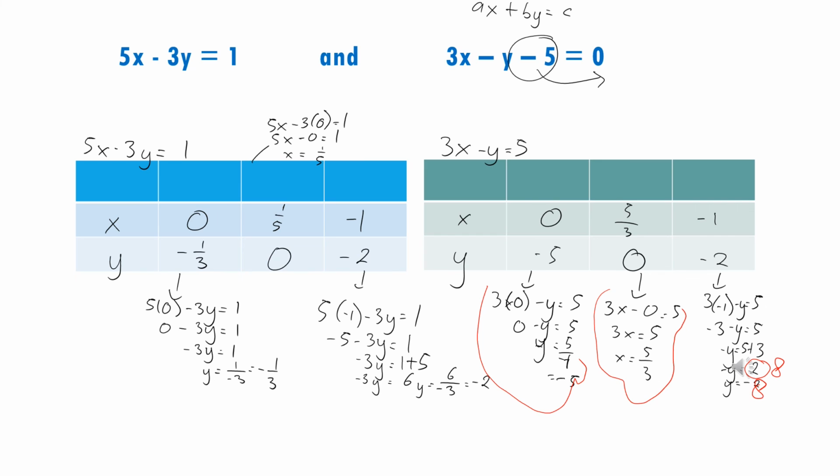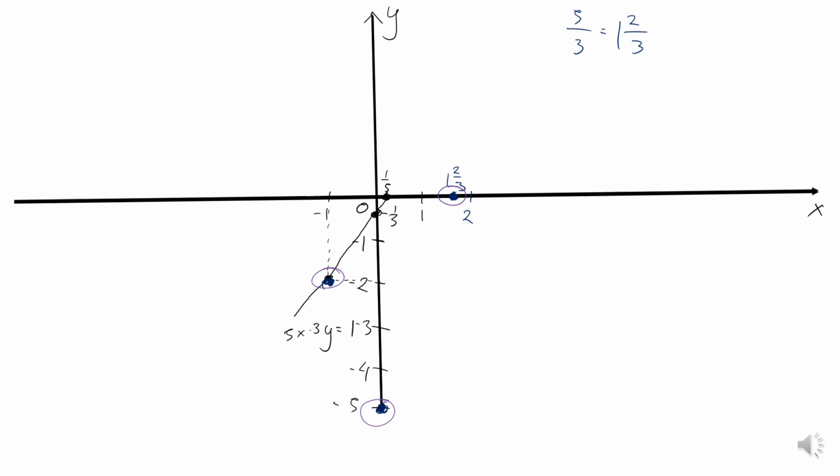Let's fix the graph. So when x is minus 1, the y will be minus 8, minus 6, minus 7, and it will be minus 8 around here. So you must go here.